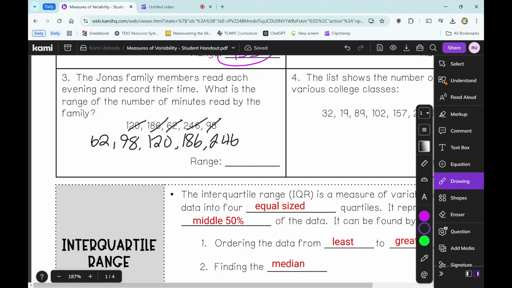Now that we put our numbers in order, what is the next step in order for us to solve this? So you are finding the highest and the lowest of these two, and then you're going to subtract 246 minus 62. So my range for this problem is 184.